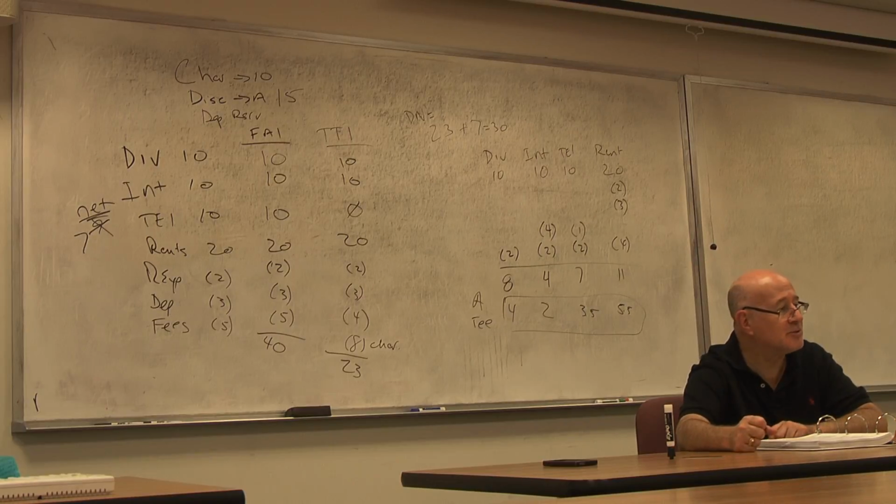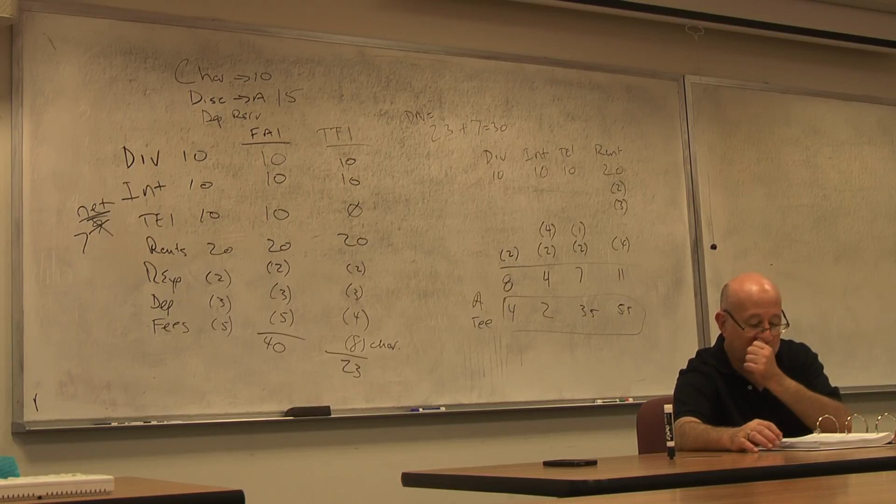Okay, so trapping distributions are a way of spreading income over several taxpayers.